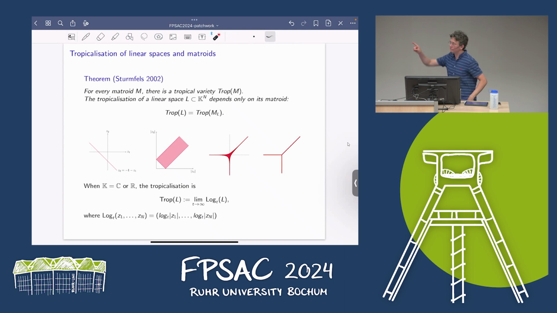If we follow what this map does, it turns out that for fixed t, before we go off to infinity, the most violent part of this map is the first stage, where we take the absolute value. If we were just restricting to the positive real orthant, taking log base t is a wonderful map; it is a diffeomorphism, not just a homeomorphism.